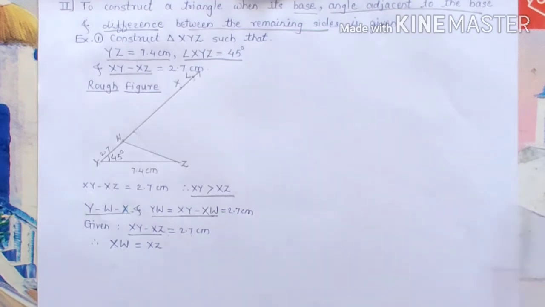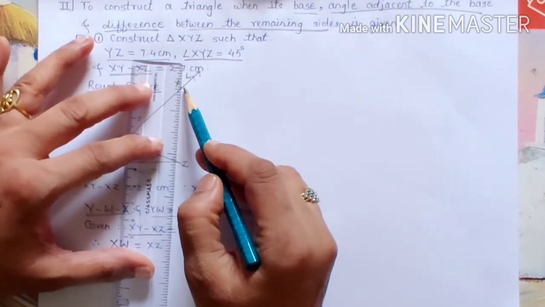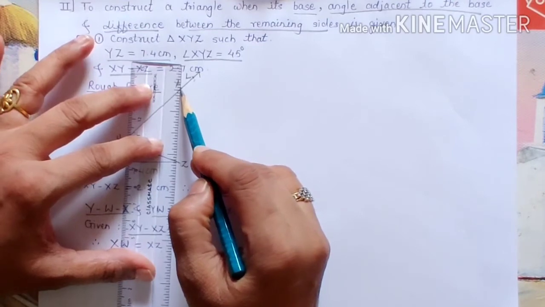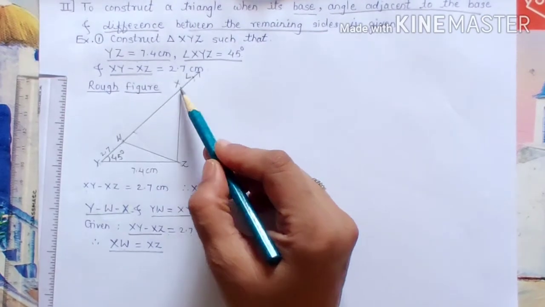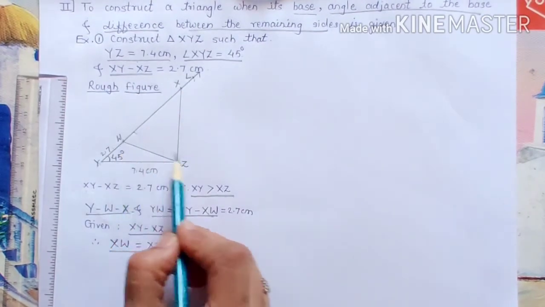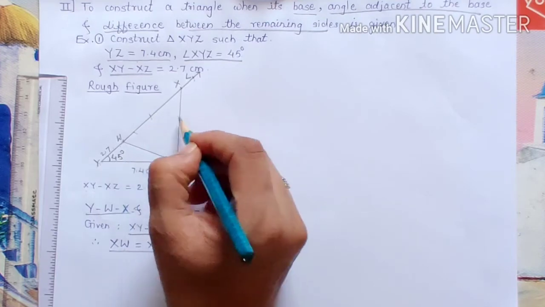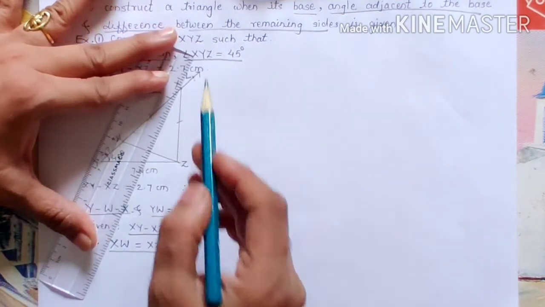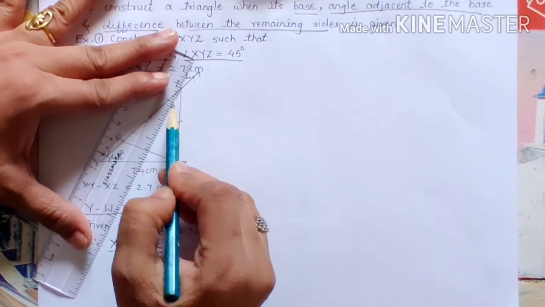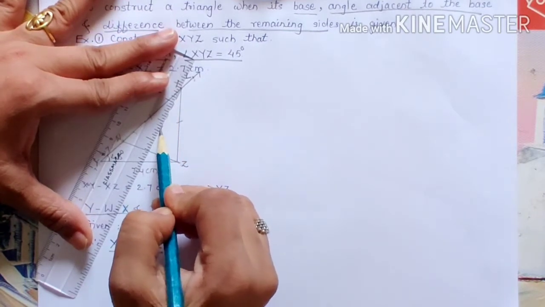So we will draw this segment XZ here, and from this we can say that point X is equidistant from W and Z. That means it is on the perpendicular bisector of the segment WZ.